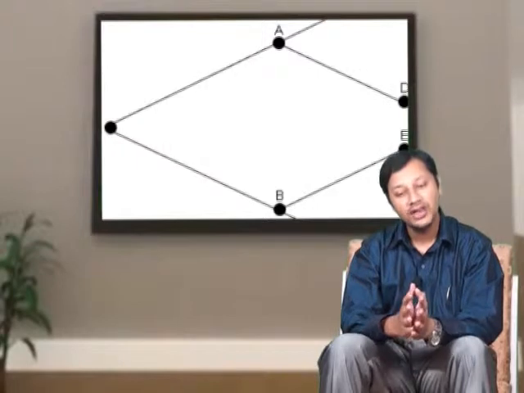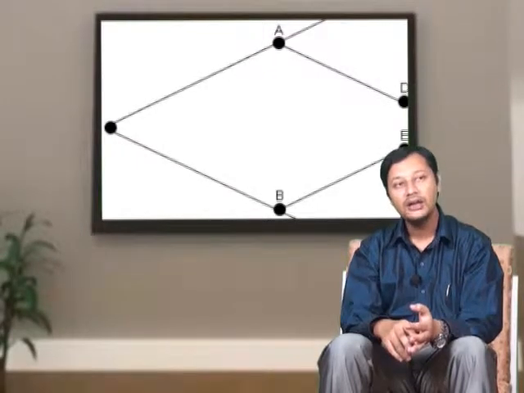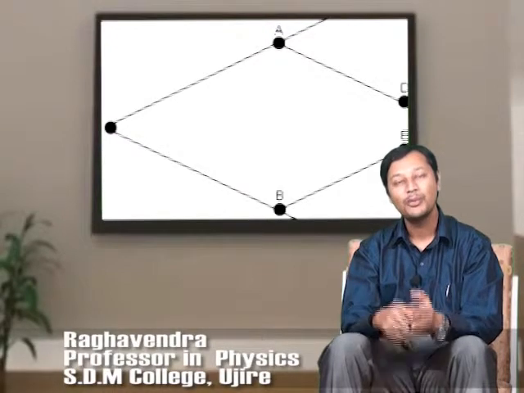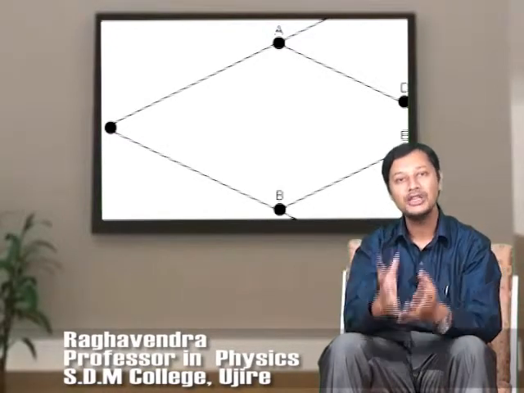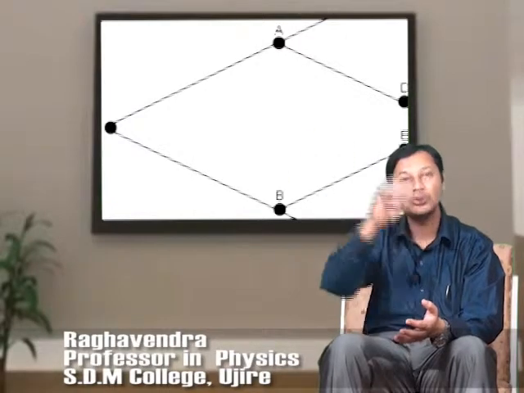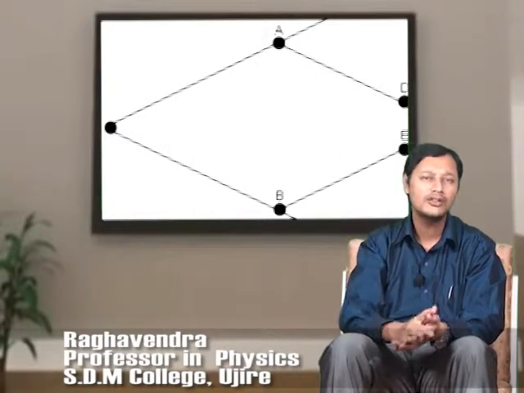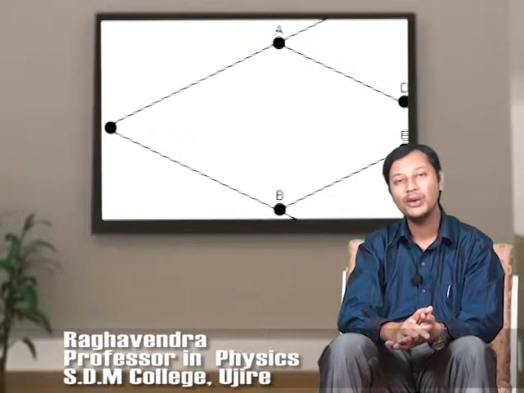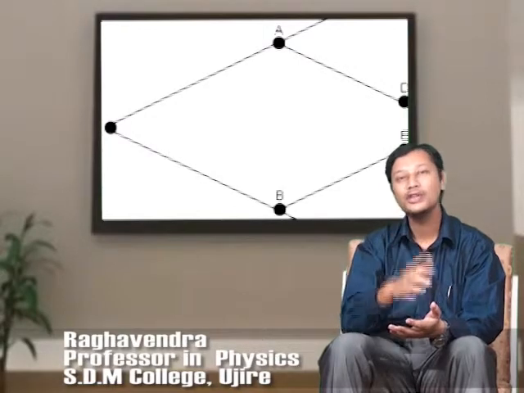Now because a wave has a spread, it is not possible for us to pinpoint the location of a wave. So I am sitting here and I am talking and you are able to listen to me. Suppose there is a person who is blind and he is sitting at one corner of the room, and I ask him, where am I? He is not able to pinpoint my location, because he knows that I am here only by listening to my voice.